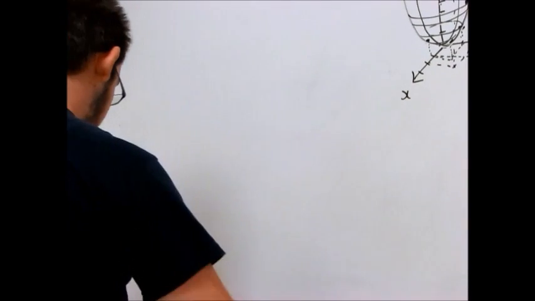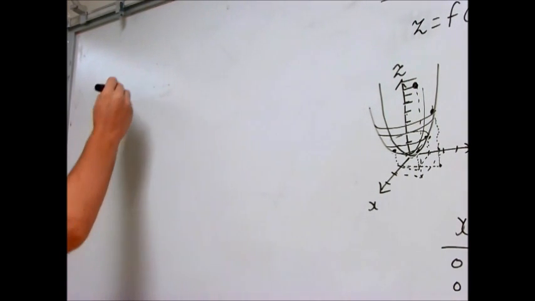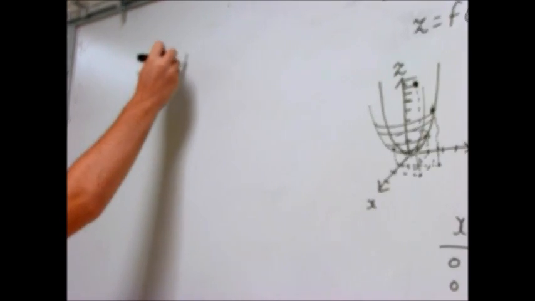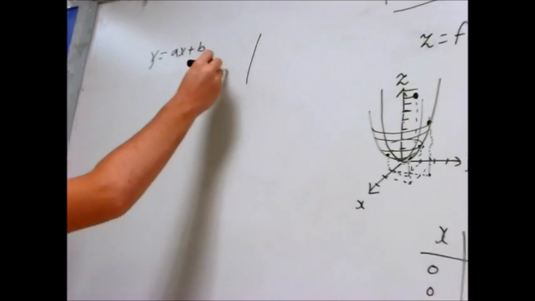So let me talk about some functions that are pretty basic and that you should probably recognize. Now in 2 dimensions we have, for example, y equals ax plus b, a linear equation.